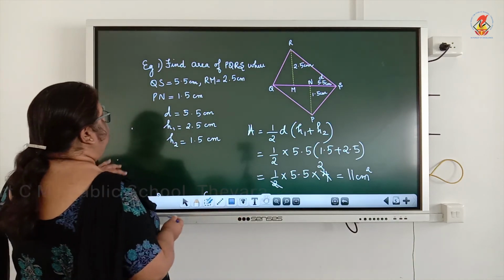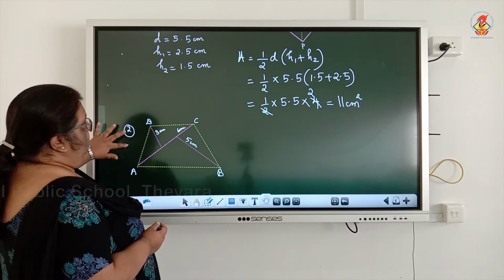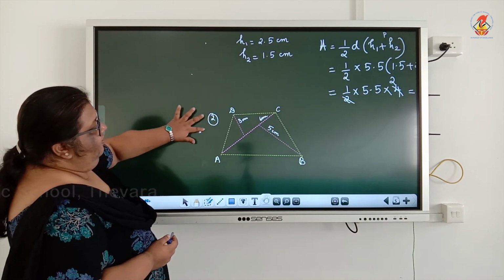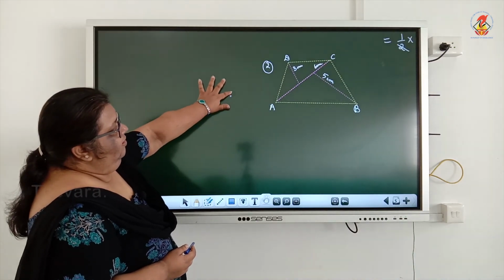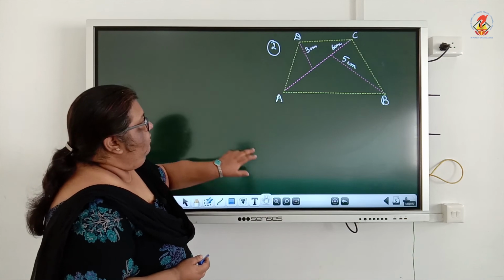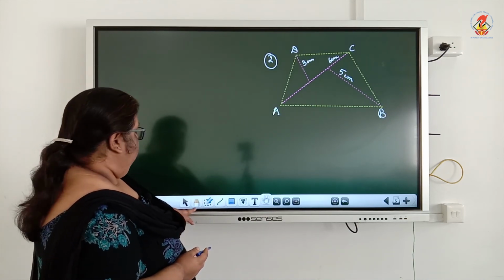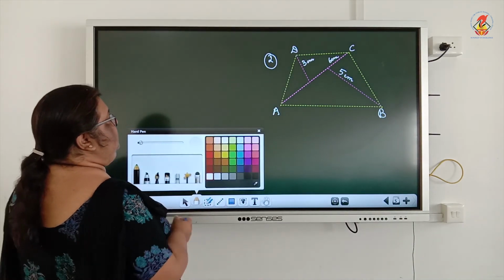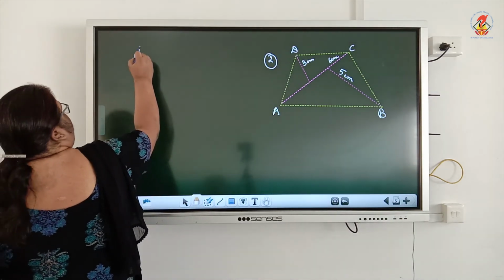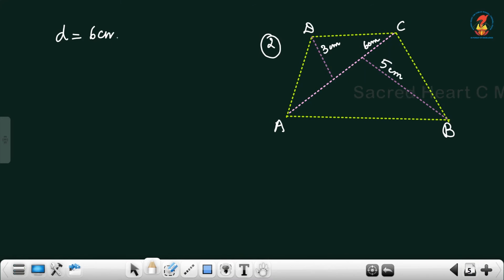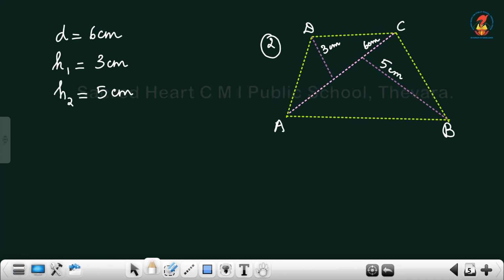We shall do one more example. There is a quadrilateral given here, ABCD. Measurements are also given. What is the diagonal length given from the figure? 6 centimeter. Height H1 3 centimeter, H2 5 centimeter.